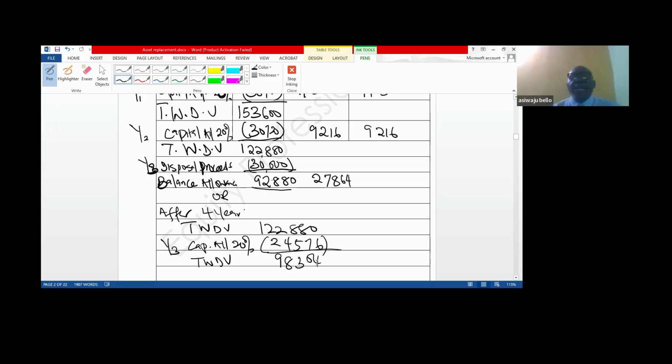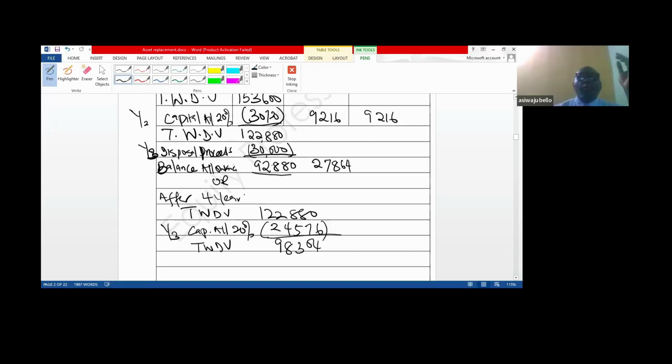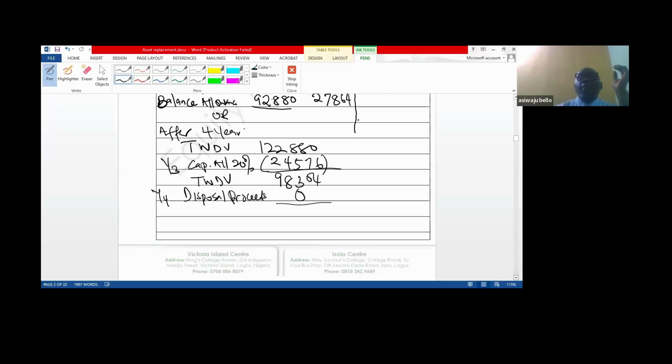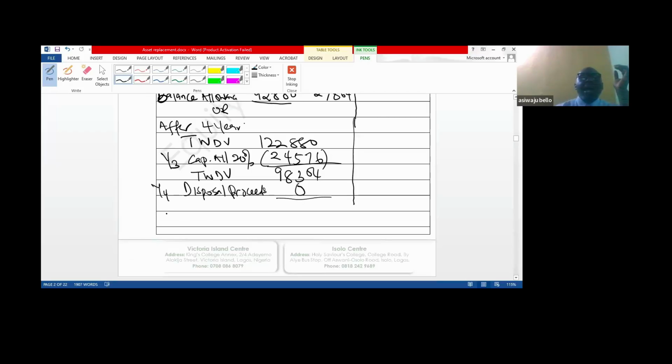We now go to year 4. The disposal proceed is 0. That means in year 4, we are going to get a balancing allowance.